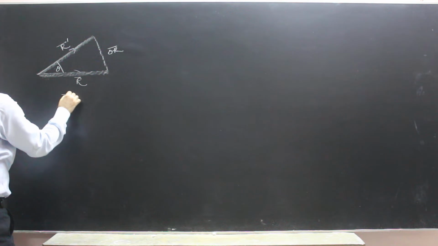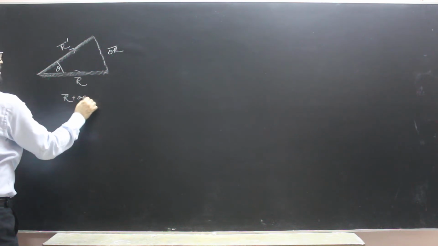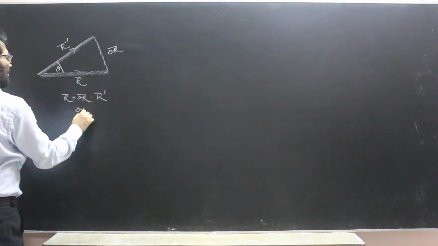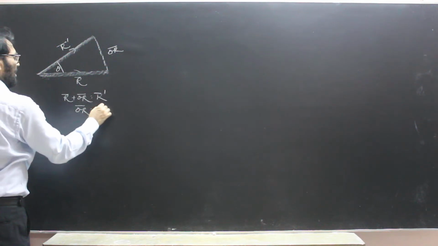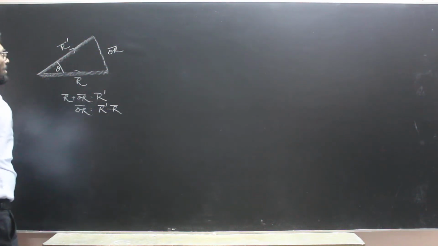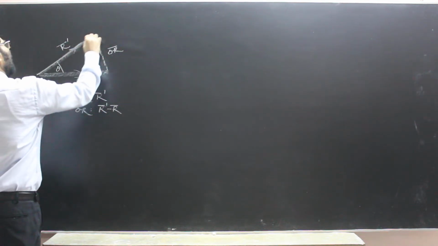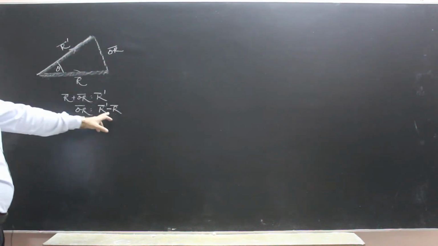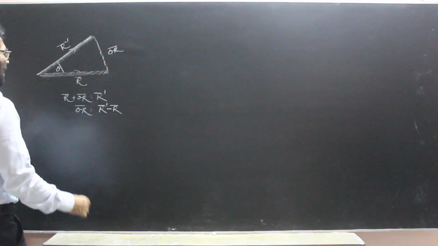R plus delta r is r dash. So the change in vector delta r is r dash minus r. This is final vector, and of course this is initial vector.